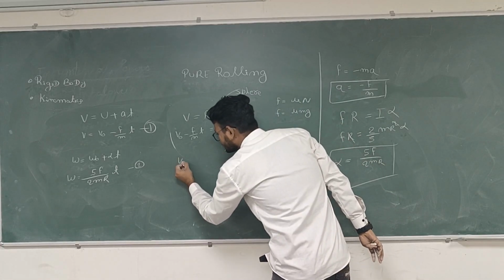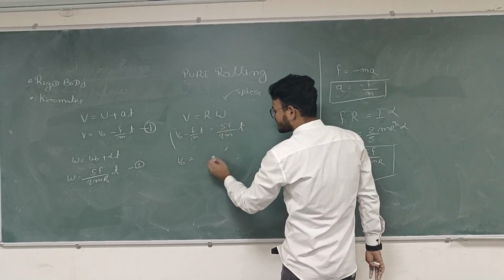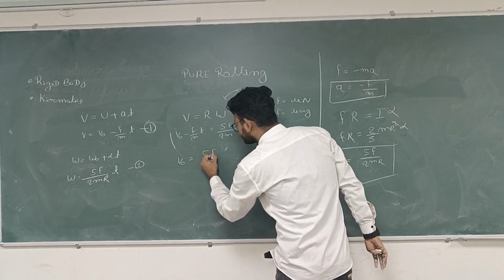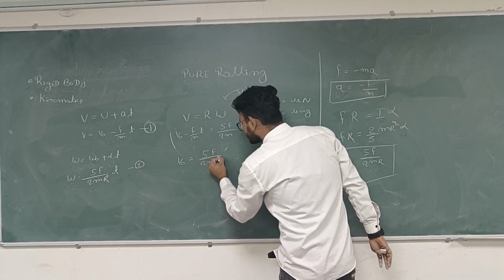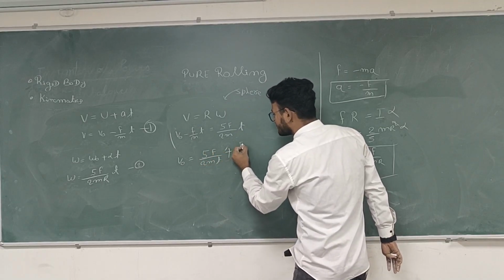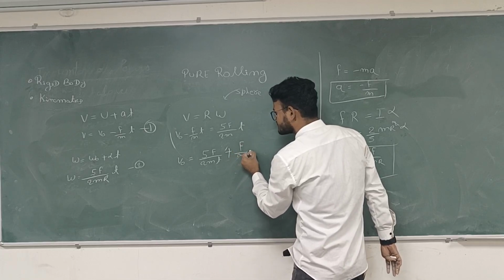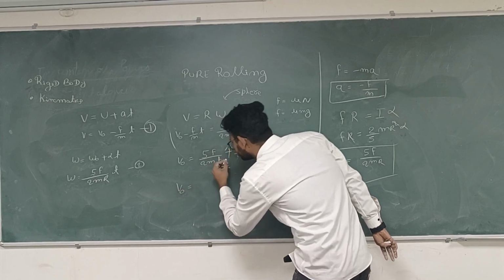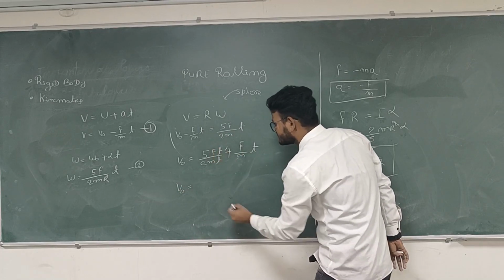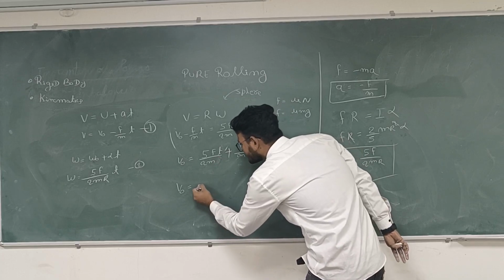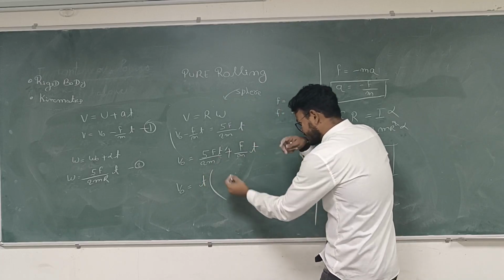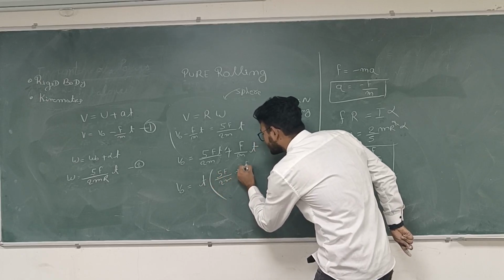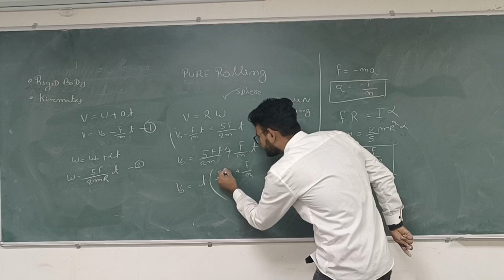From here, v naught equals, taking this term over, 5F upon 2m t plus F by m t. From here v naught equals, here t is common, and here 5F by 2m and F by m.